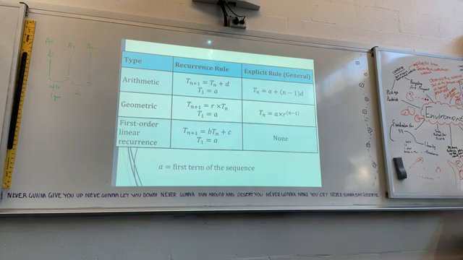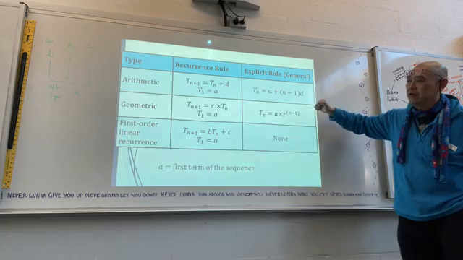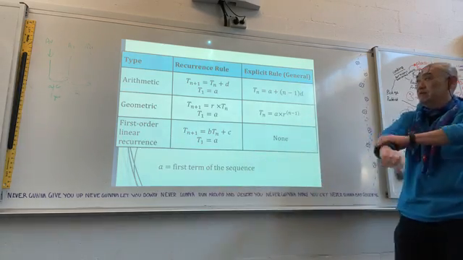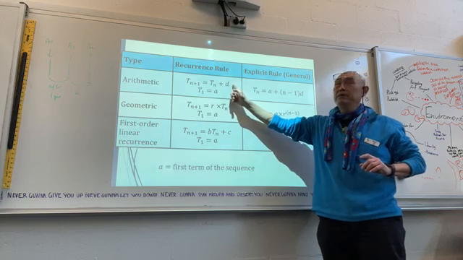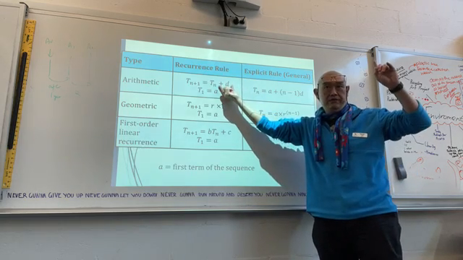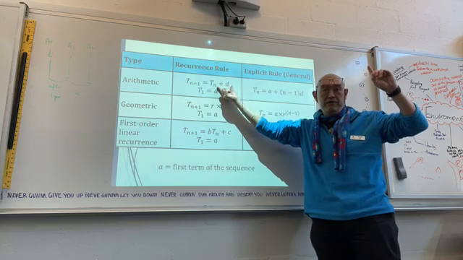So what you need to think about is, with those three examples, I'm going to bring you back to the arithmetic, the geometric, and the first order linear recurrence. A is always the first term of the sequence. What happens with arithmetic is a linear growth. You always have a difference, the common difference.